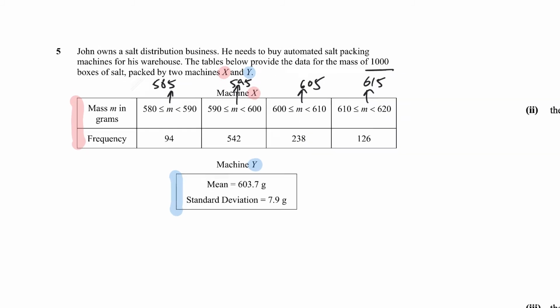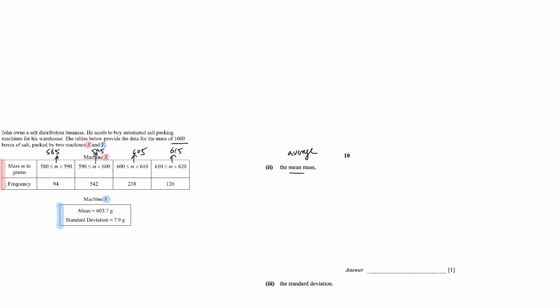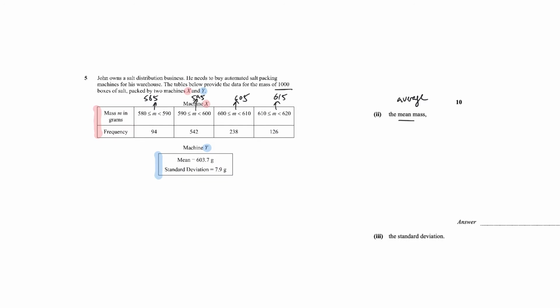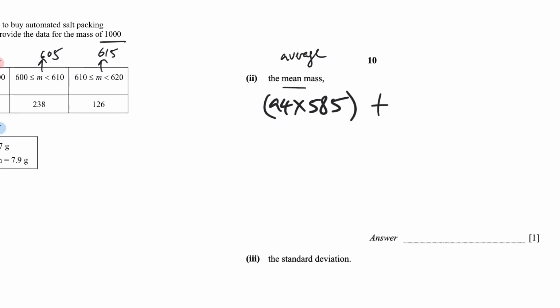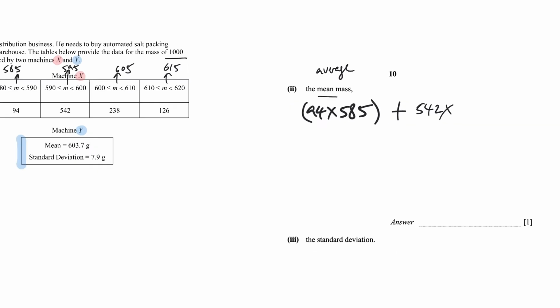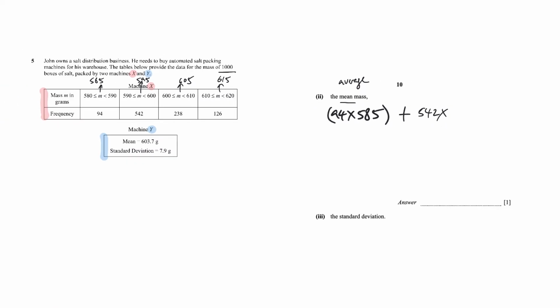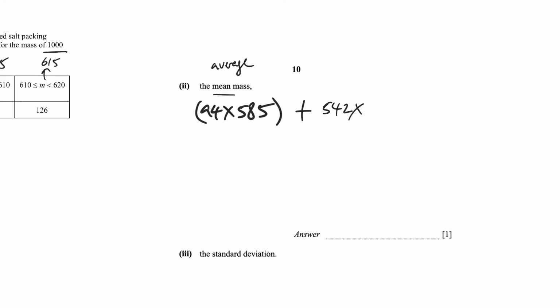When we want to multiply by the mass, we use the midpoint. So it's going to be 94 times 585. It's kind of like estimating. We're estimating that the 94 boxes, what mass do they have? We just pick the middle point, 585. Then we add 542 multiplied by the middle number for the mass, 595.